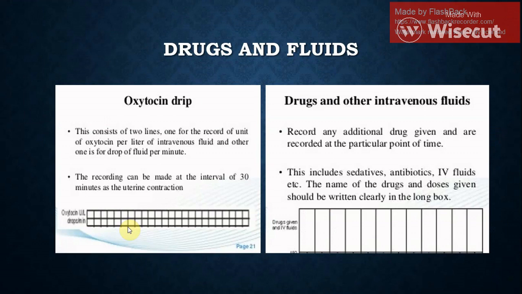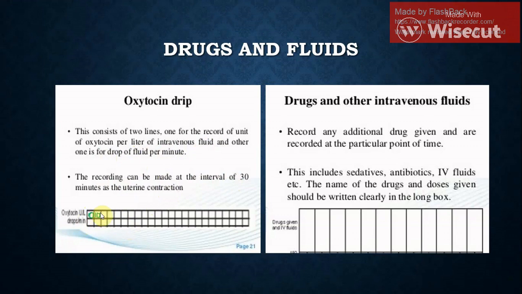This section consists of 2 lines, one for the record of the units of oxytocin per liter of intravenous fluid, and the other one is for drops of fluid per minute. The recording can be made at an interval of 30 minutes as the uterine contraction occurs. So in the first line, we represent the concentration or the units of the oxytocin. For example, if we are administering 10 units of oxytocin, then we will record it as 10.